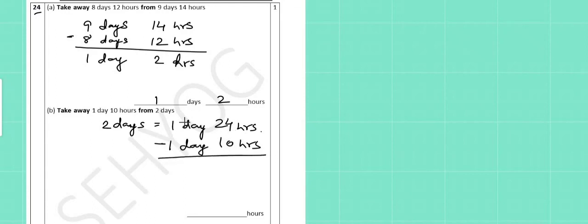So, 2 days means 1 day and 24 hours for another day. So, it is easier to take away 1 day and 10 hours. So, 1 day subtract 1 day gives no days, but only 24 minus 10, that is 14 hours.